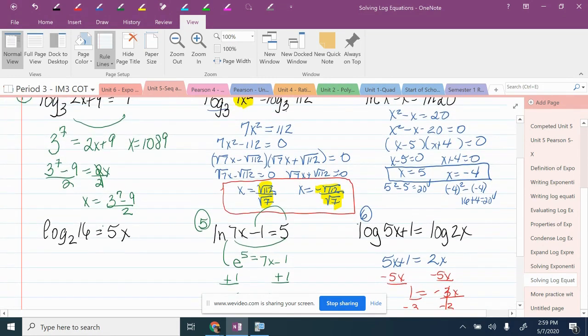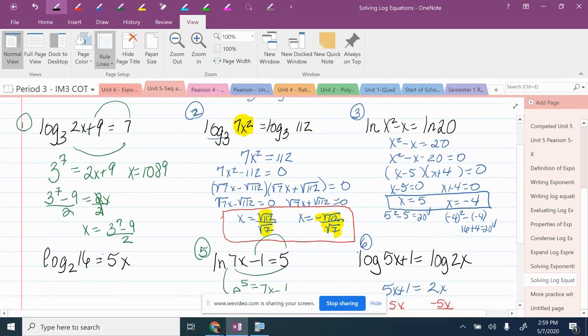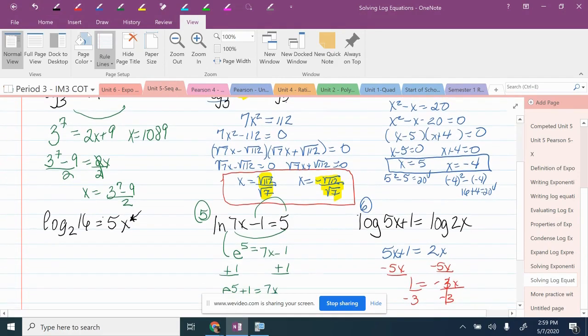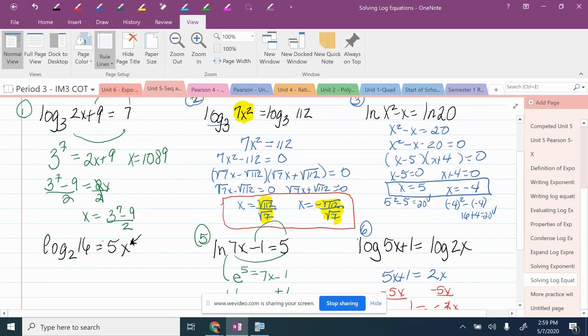The last type of problem really is like the first one we did, except we have a variable over on the side that's the exponent, not the side that's the log. So we're going to do this the same way, though. We're going to take 2, our base, to our exponent 5x, and then set it equal to 16.